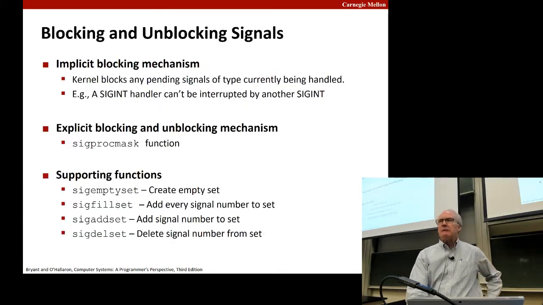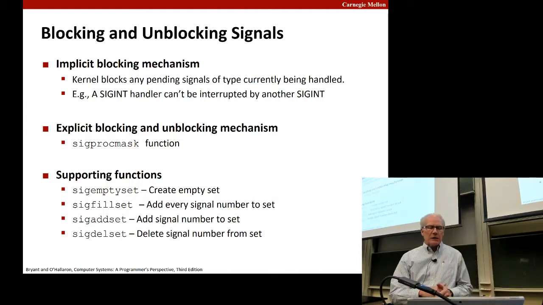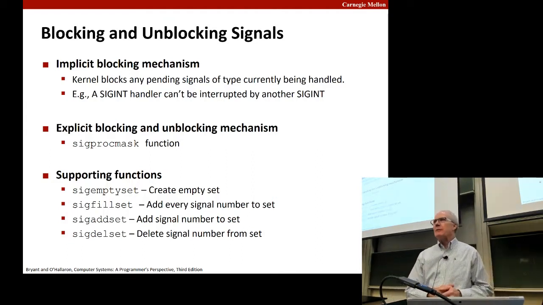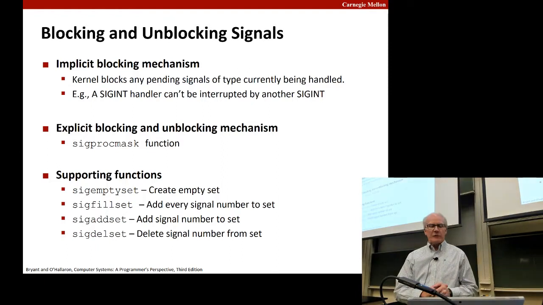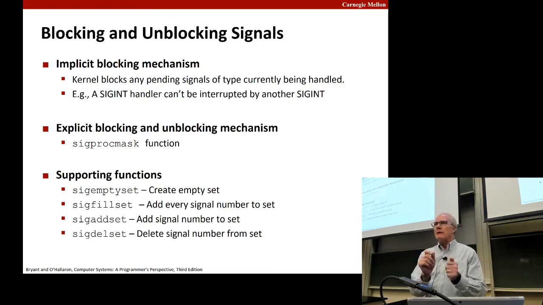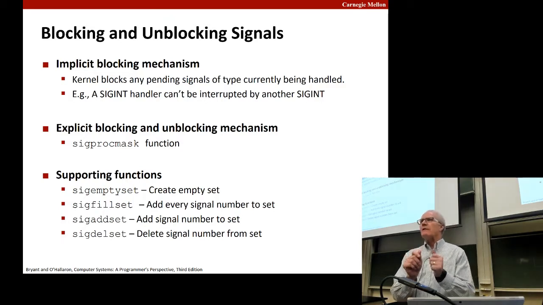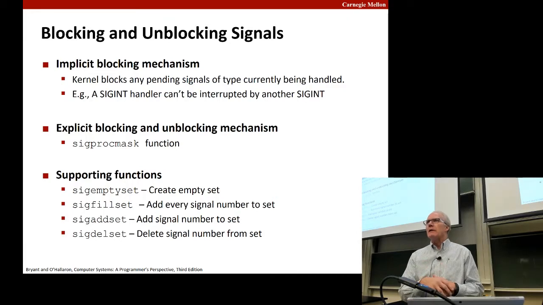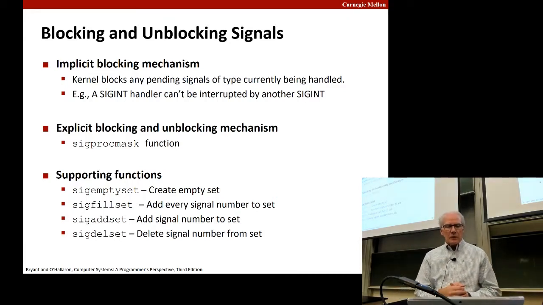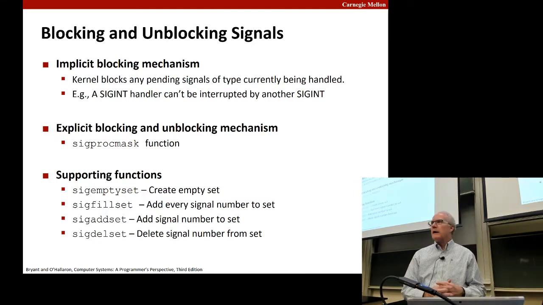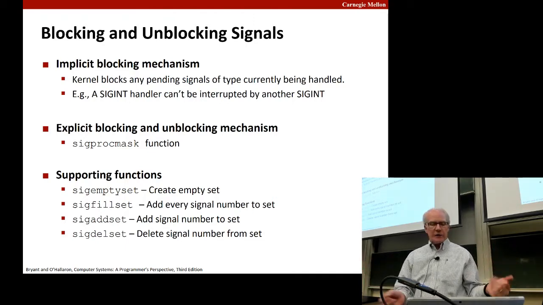And there's a kind of clunky way that you can set these up and specify which signals are blocked. Instead of having you specifically change these bit vectors, there's an API for it, where you can create an empty set, meaning don't block any signals.